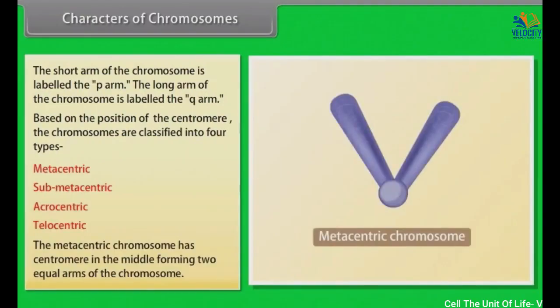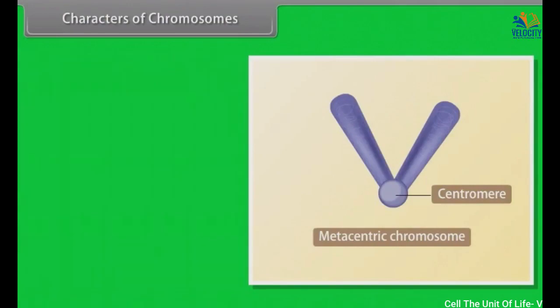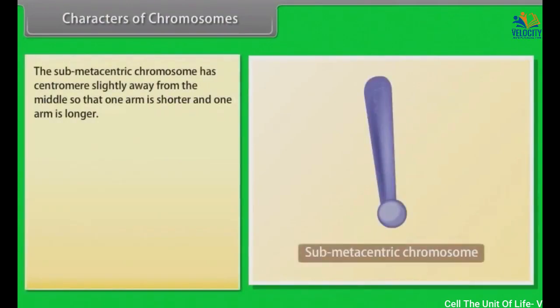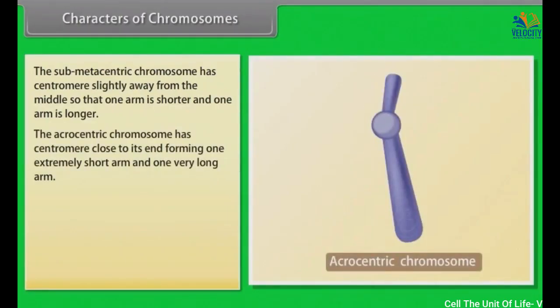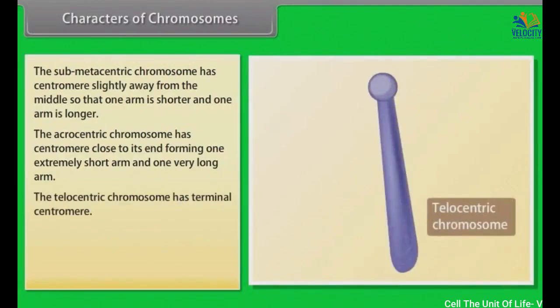The metacentric chromosome has centromere in the middle, forming 2 equal arms of the chromosome. The submetacentric chromosome has centromere slightly away from the middle so that one arm is shorter and one arm is longer. The acrocentric chromosome has centromere close to its end, forming one extremely short arm and one very long arm. The telocentric chromosome has terminal centromere.